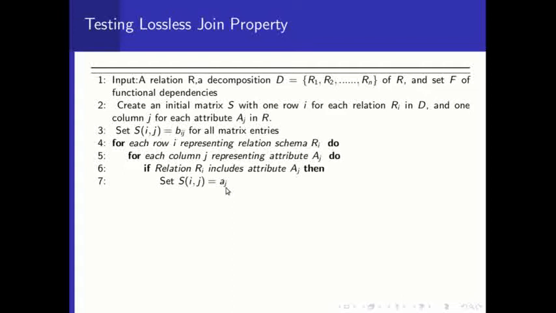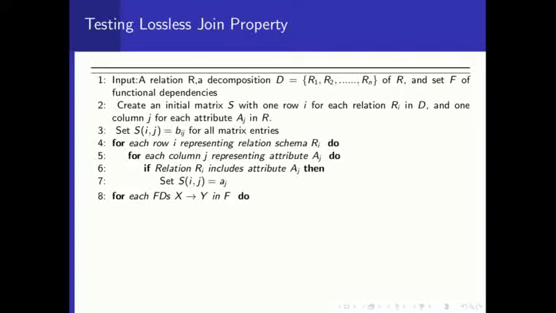If it is the first attribute, it is a1, the second attribute is a2, and so on up to an. Now corresponding to each relation, the row values are set with a values. That is the resulting Sij.